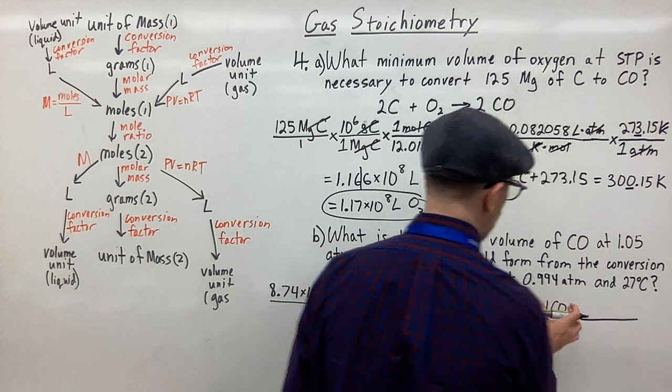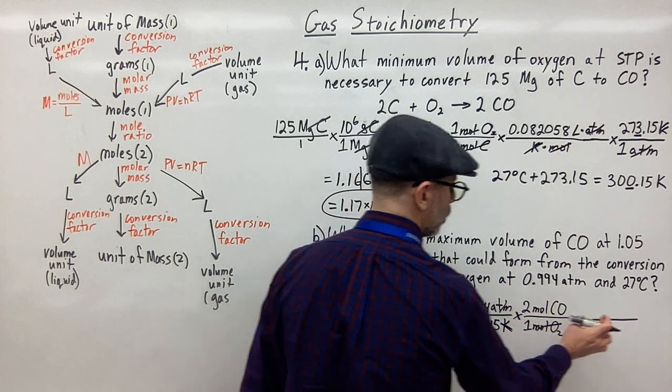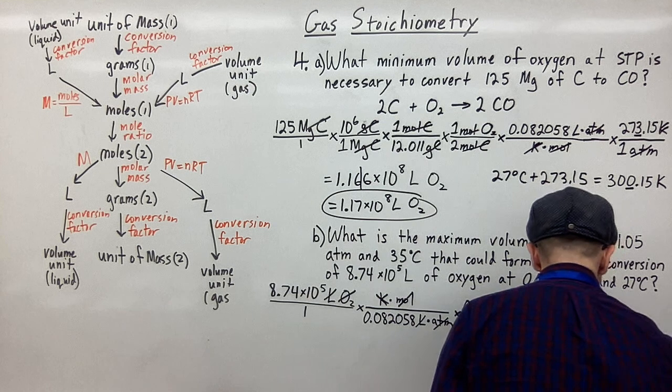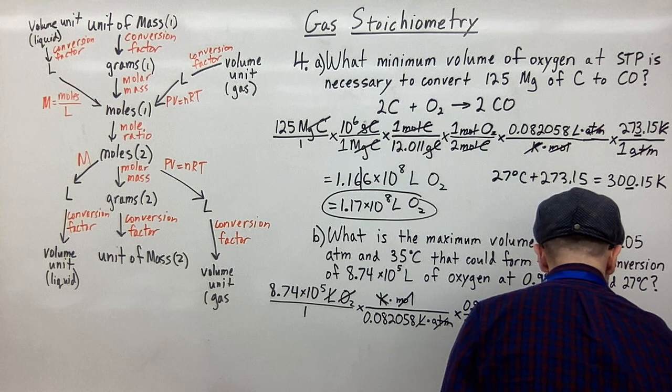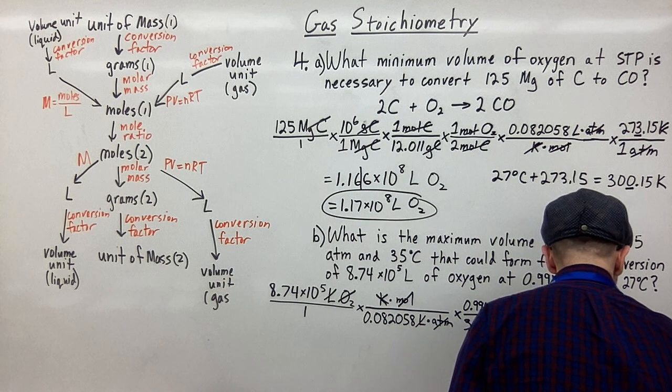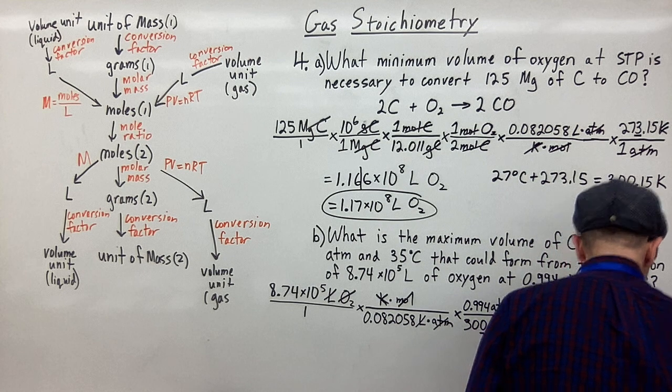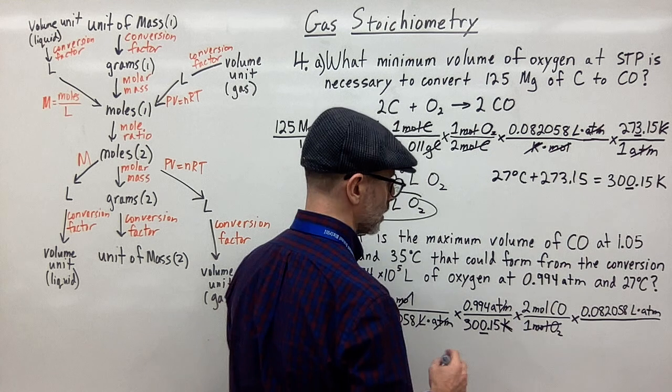This time I have moles on the top. I want to cancel out moles by putting it on the bottom. So this time it's going to be 0.082058 on the top with liter atmospheres.